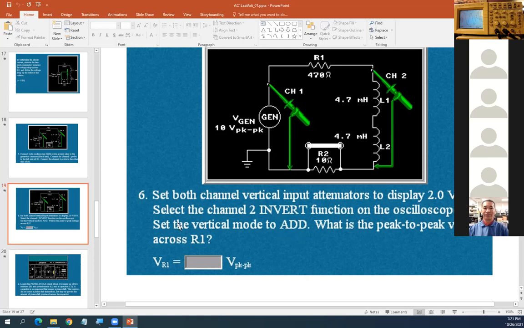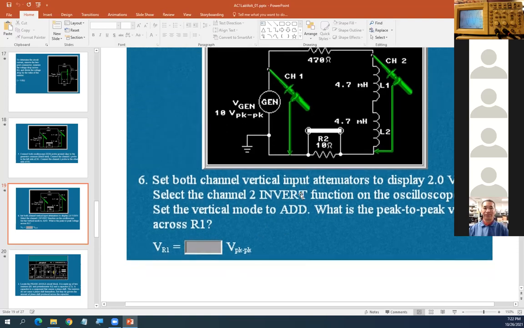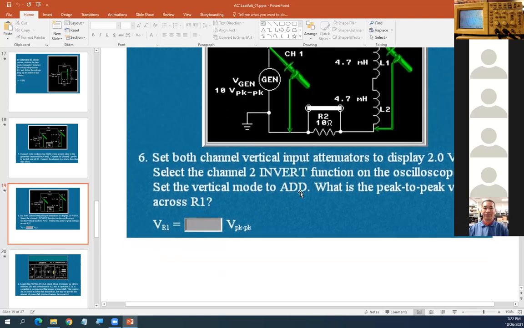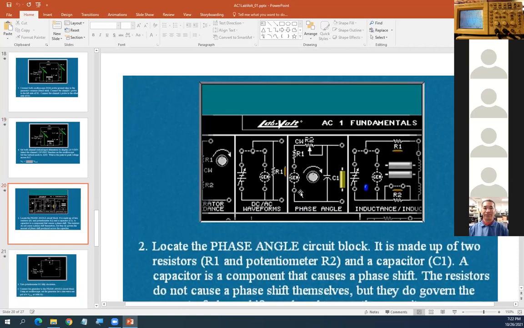That means the instruction for the analog scope we're not using. The only thing is they want to measure voltage channel 1 minus channel 2. Okay, that's what we have to know how to measure with the digital scope.